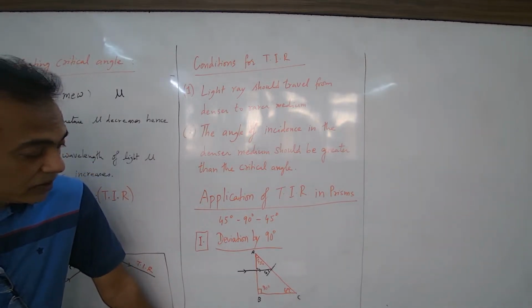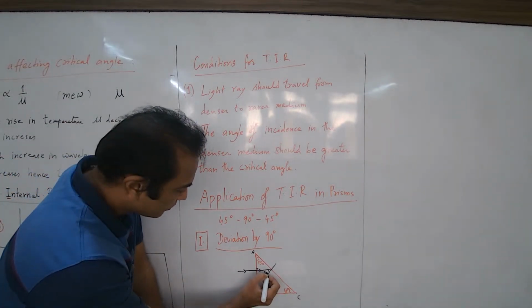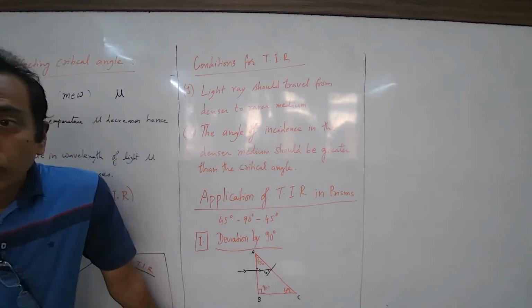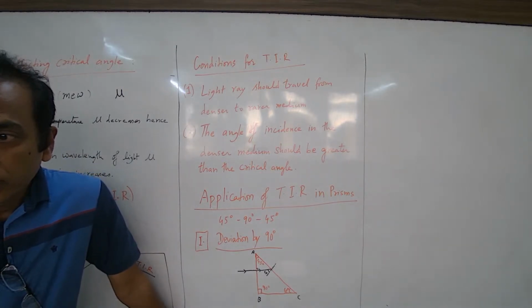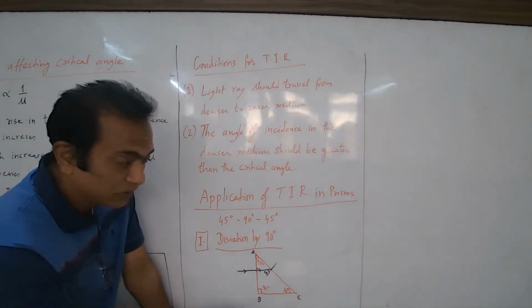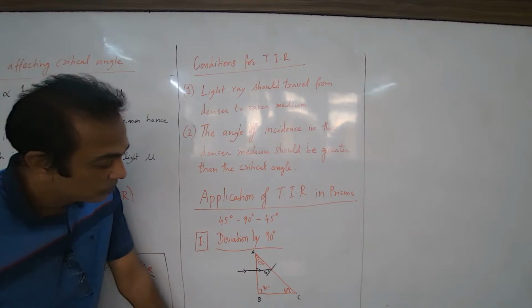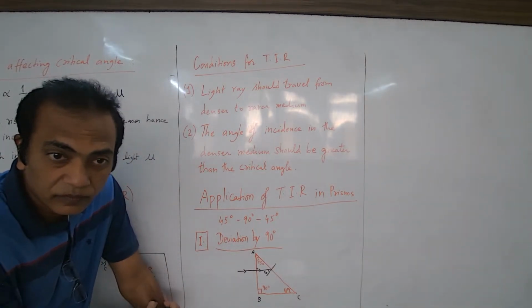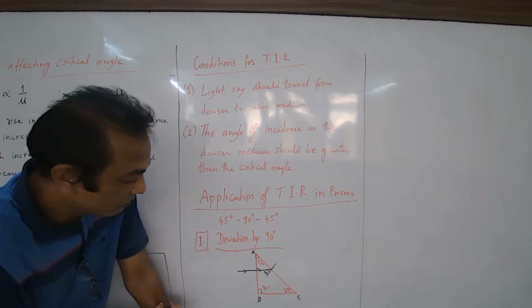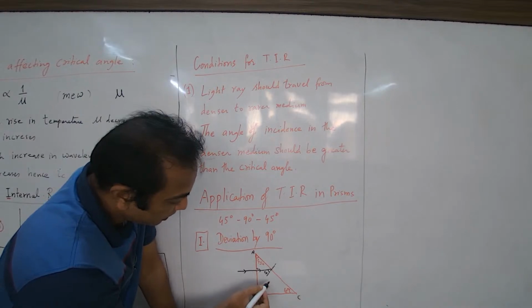Is it greater than the critical angle for glass? What is the critical angle of glass? 42 degrees. And what is this? 45. Is 45 greater than 42? Yes. So what should happen, refraction or total internal reflection? Total internal reflection. So this ray will not go out, it will suffer reflection.